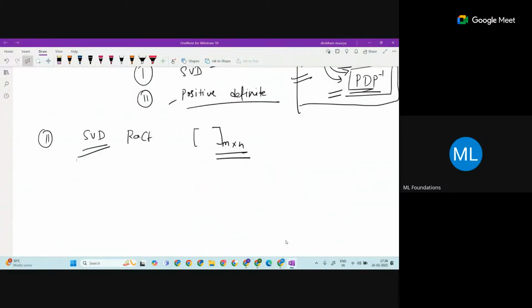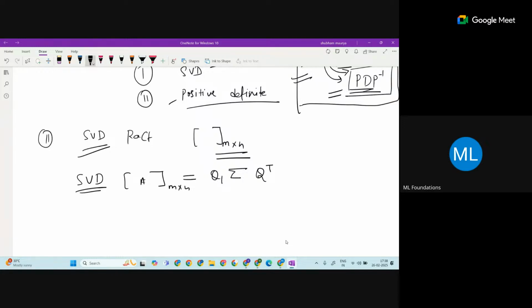So to decompose it, how can we decompose? In SVD, suppose we have a matrix of M cross N. We can write this matrix as Q1 sigma Q2 transpose.